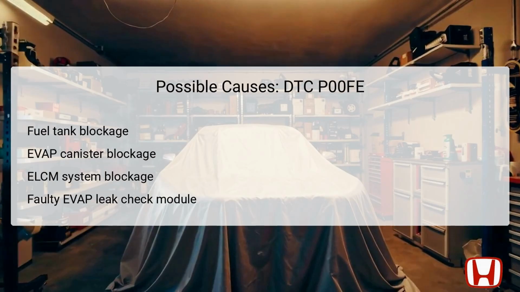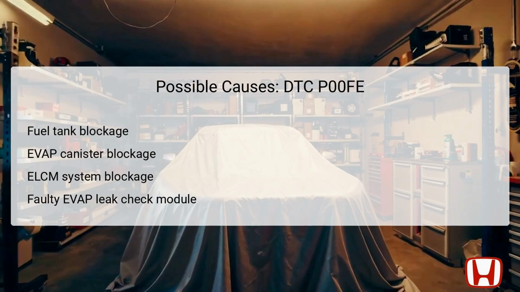Several potential causes may lead to the activation of DTC P00FE. First, there may be a blockage within the fuel tank system that prevents the proper venting of fuel vapors. This can occur due to debris, dirt, or other contaminants obstructing pathways. Secondly, a blockage in the EVAP canister itself can arise from accumulated carbon deposits or physical damage that restrict normal flow.